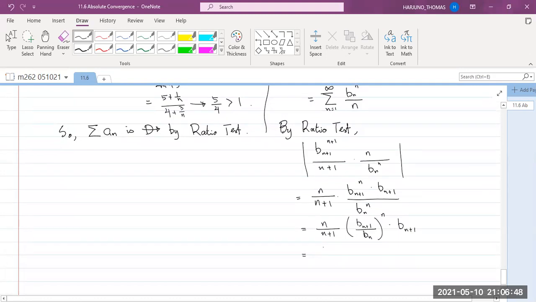This is 1 over 1 plus 1 over n. The first factor goes to 1. The last factor goes to 1/2.